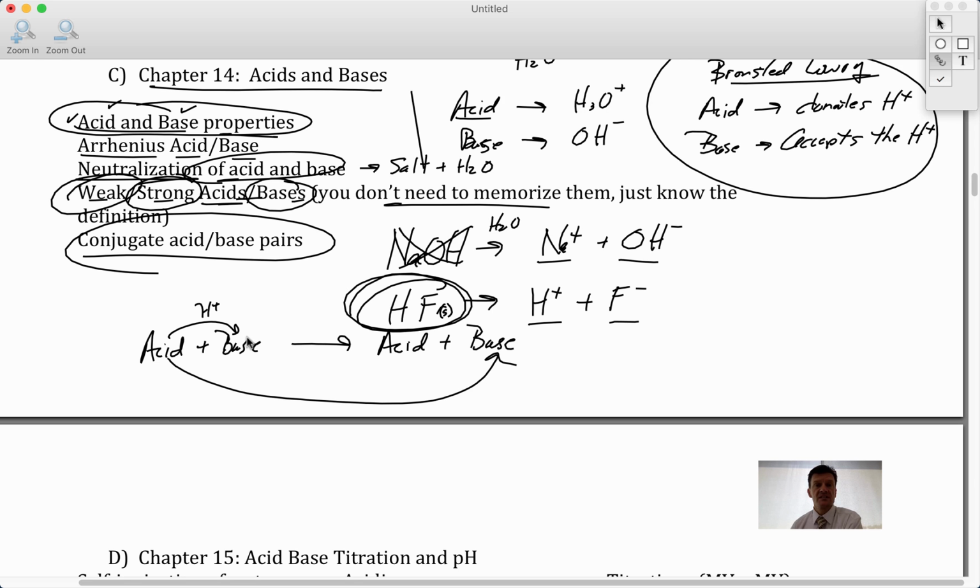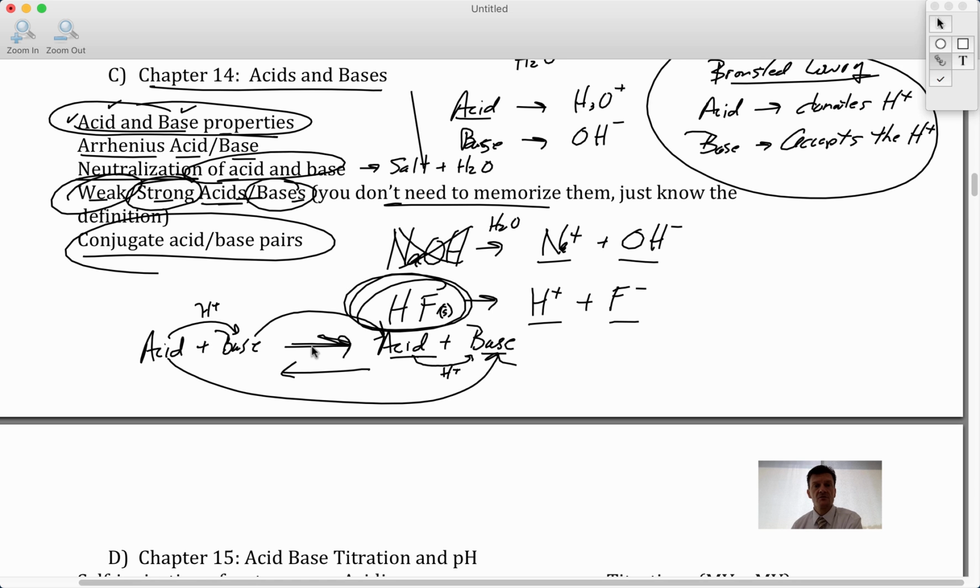And the base, when it accepts the H+ from the acid, will turn into an acid on this side. So in going the forward direction, this acid and base are going to react, and they're going to form on the other side an acid and base, because if the reverse reaction kicked in, this would be donating the H+ back to the base and reform your reactants.